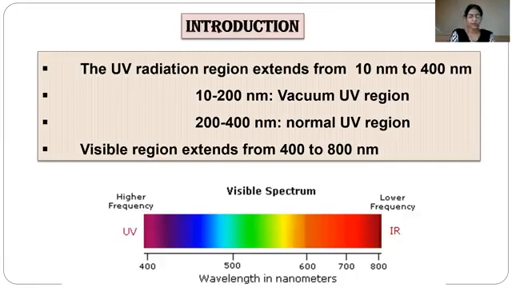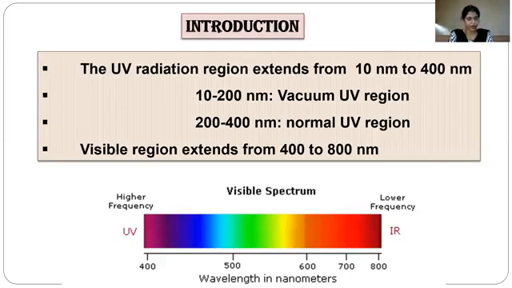Visible region extends from 400 to 800 nanometer. In visible region, as all of us know, there are 7 colors. Visible region starts with 400 nanometer or approximately 380 nanometer. The wavelength range of violet color is from 400 to 435.